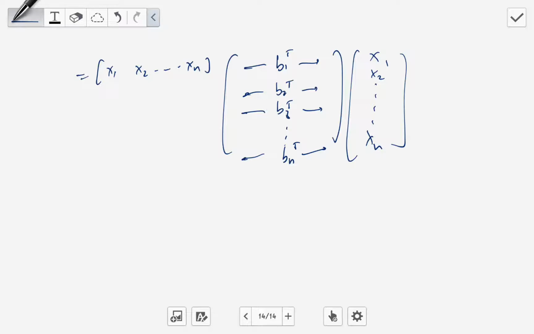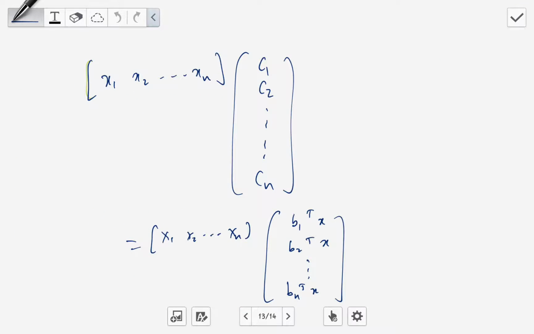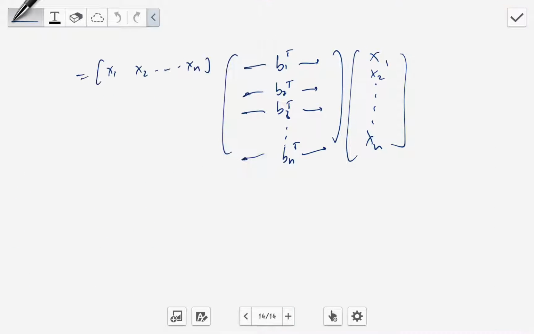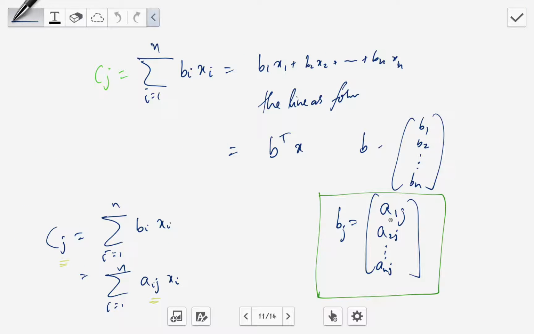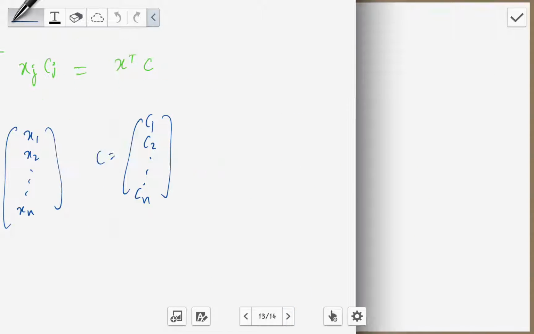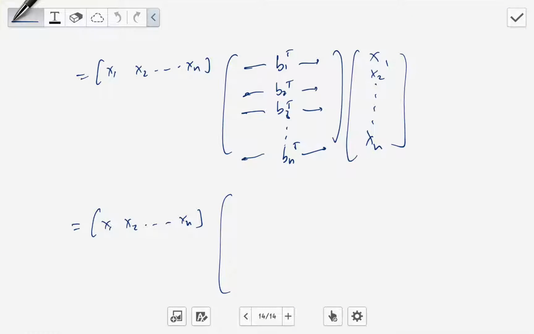Do you get this earlier expression? Now this b1 transpose is just substituting 1 instead of j here. So that will be a11, a21, a31, so on up to an1.